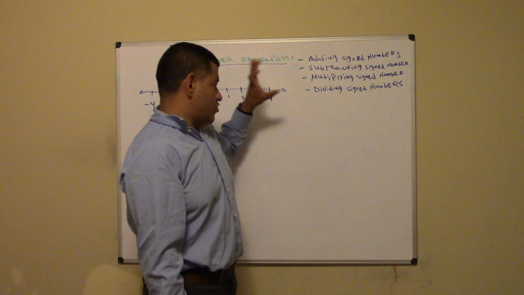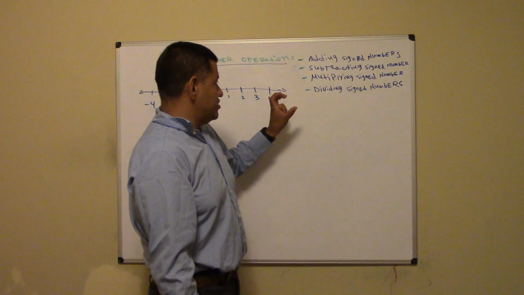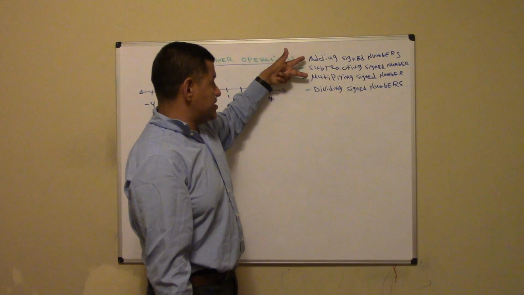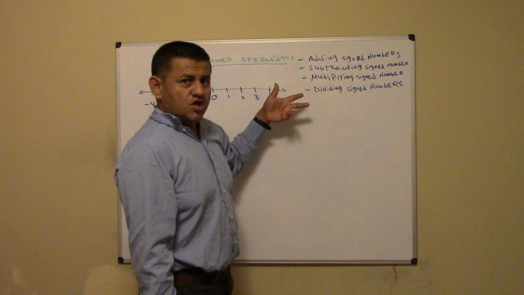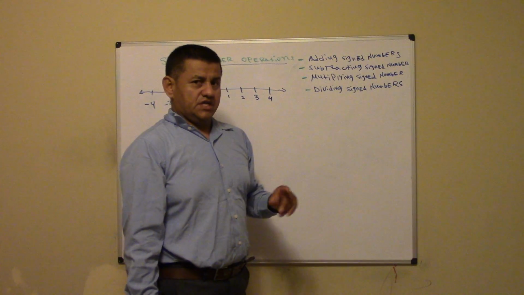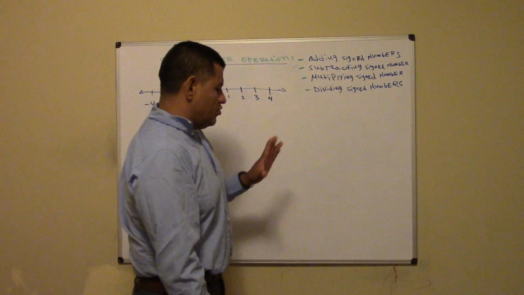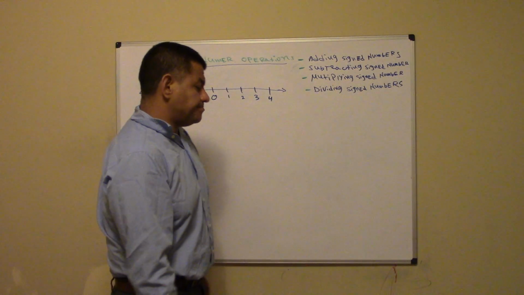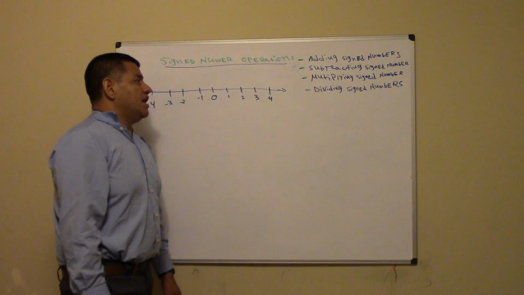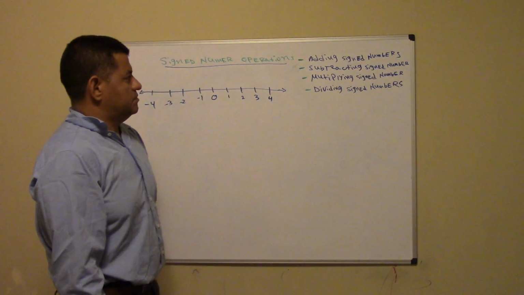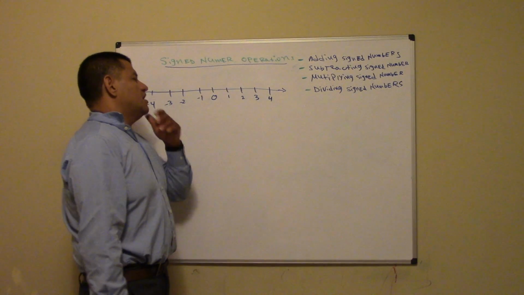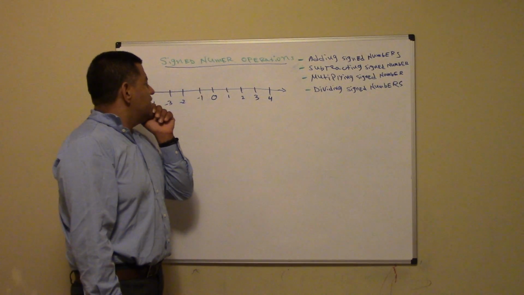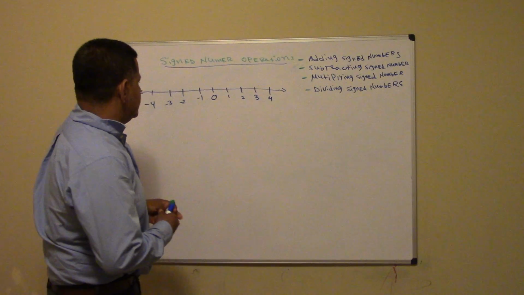Or a problem can have a combination of two of these operations, or three of these operations, or even the four operations in one problem. Okay, so we will work one problem that involves some operations on signed numbers.